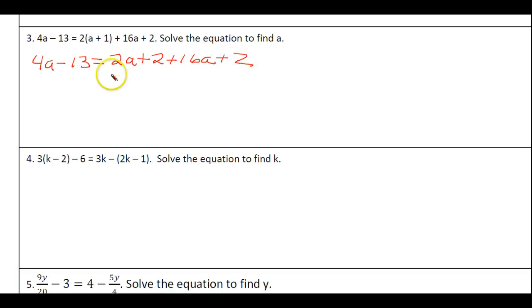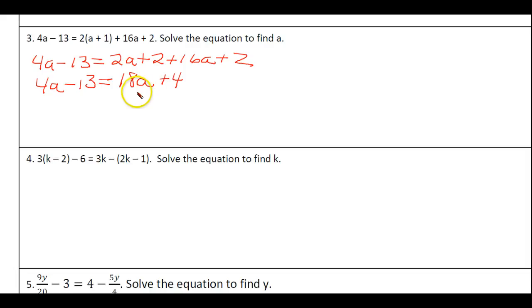Now we collect like terms. 4a minus 13. Now we have a 2a and a 16a will give us an 18a. We have a 2 and a 2, which will give us a 4.